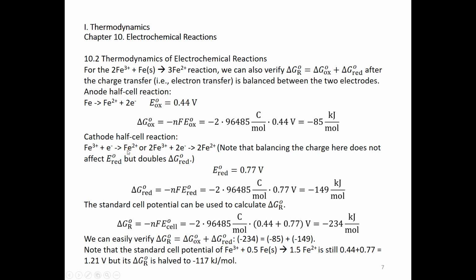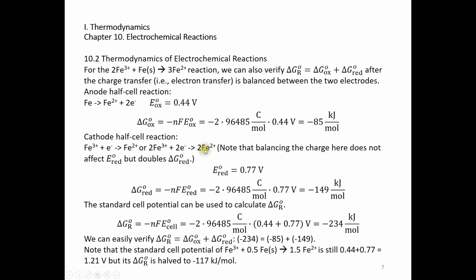But just to balance the number of transferred electrons, we see 2 electrons here, so sometimes we write the equation this way, so that 2 electrons are transferred. Now we have the standard reduction half-cell potential, 0.77 volt. We can look up this kind of values.